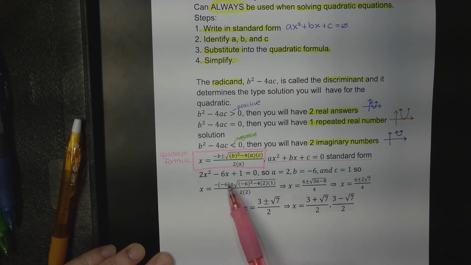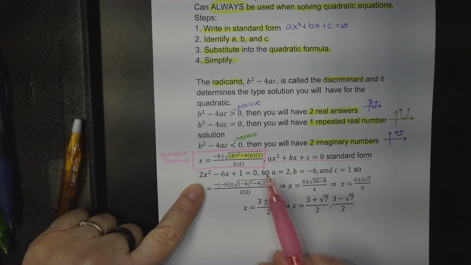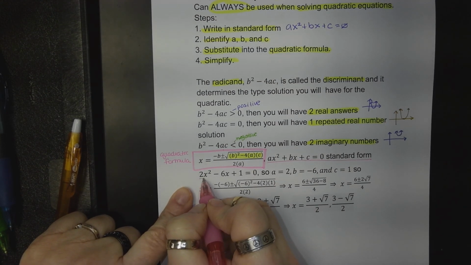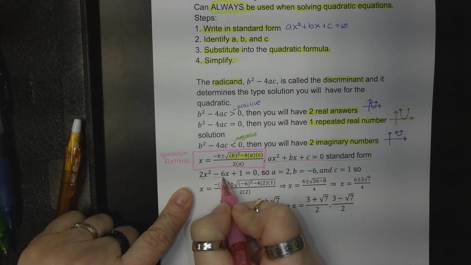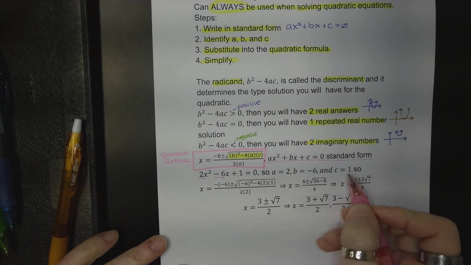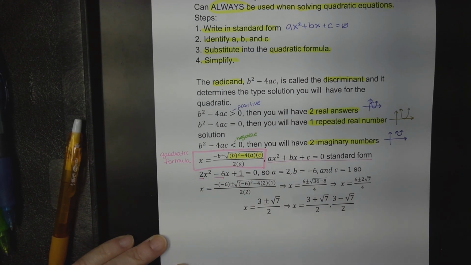Here's an example. If we have 2x squared minus 6x plus 1, so our a would equal the 2, which is the coefficient in front of the x squared. Our b would equal negative 6 because it's the coefficient in front of the x. And c would equal 1 because that is our constant, okay?